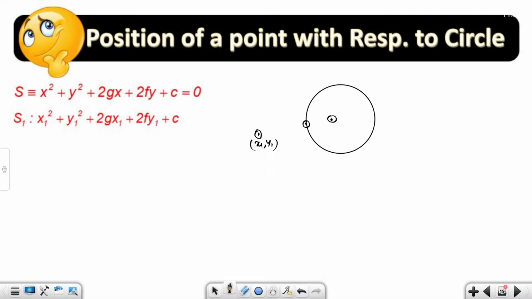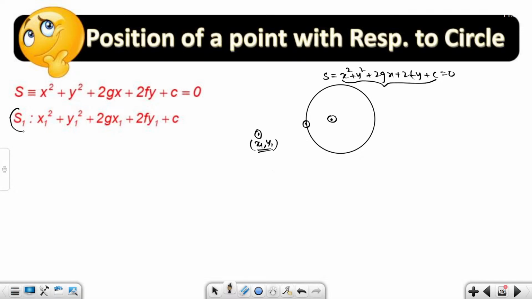So how do you know whether this point is outside, on or inside the circle? For that, in the given equation of the circle, the general form, which is already written there, you simply put this x1, y1.